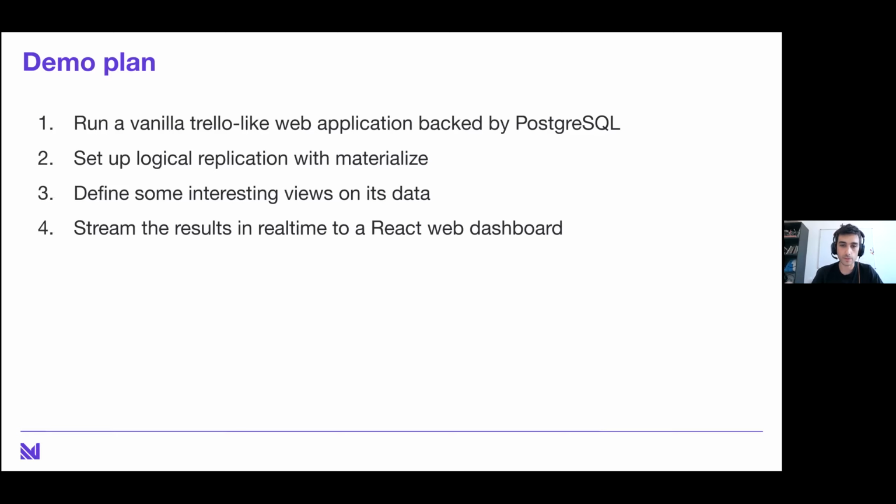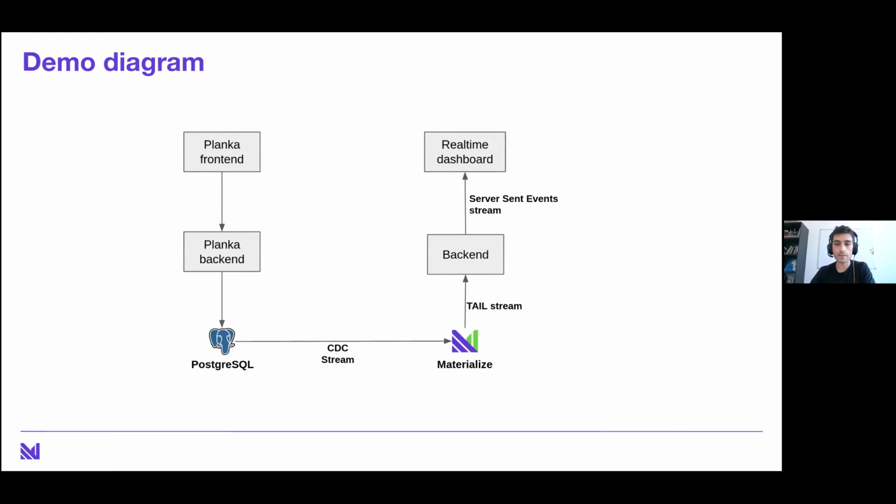We're going to do some joins, some aggregations, and finally live stream the results into a React web dashboard. In the end, as I change things in the Trello application, the real-time dashboard changes pretty much at the same time, from data flowing through Postgres to Materialize to our dashboard. So this is a diagram of what we're going for.